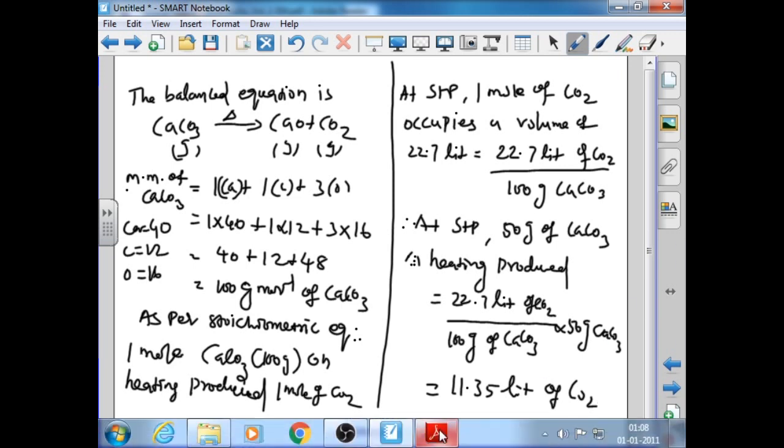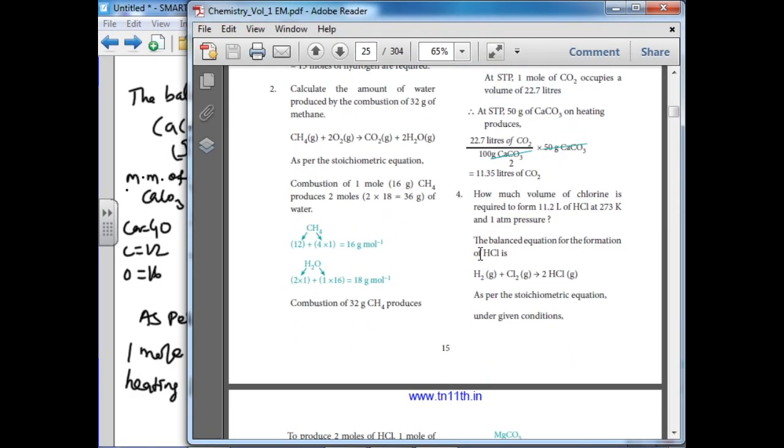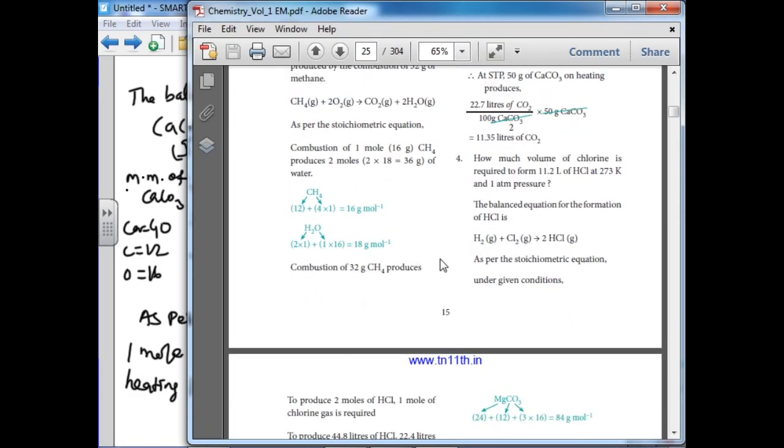The last question, how much volume of chlorine is required to form 11.2 liter of HCl at 273 Kelvin and 1 atmospheric pressure?